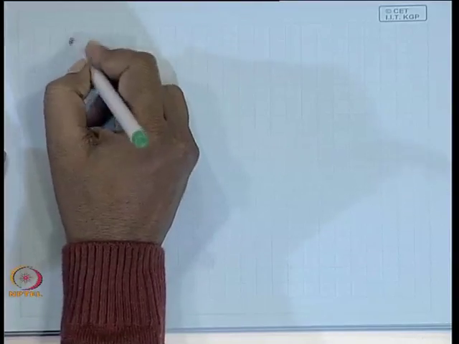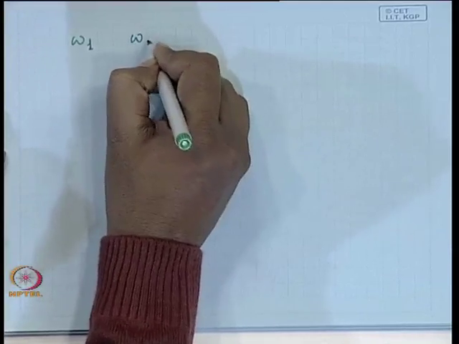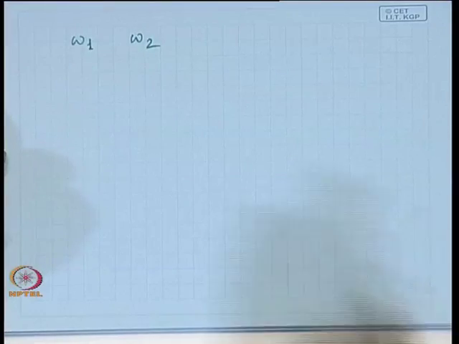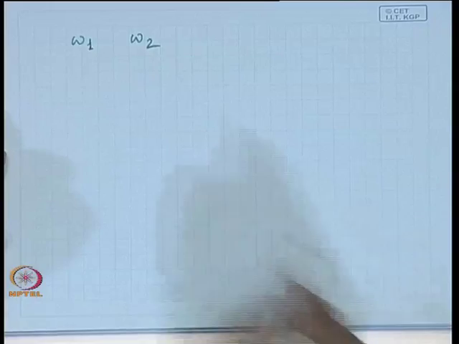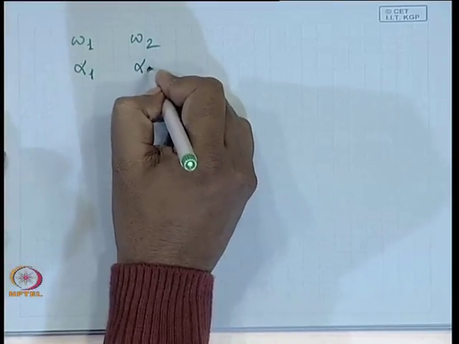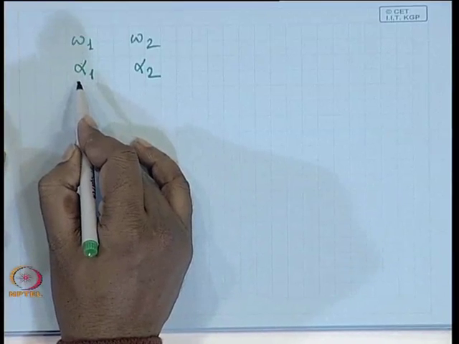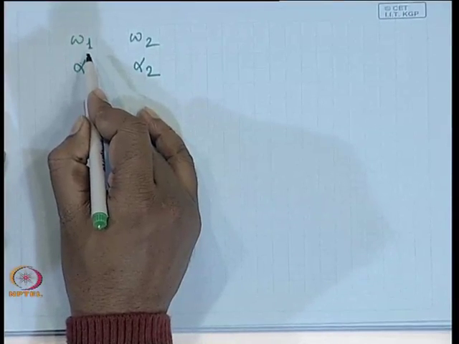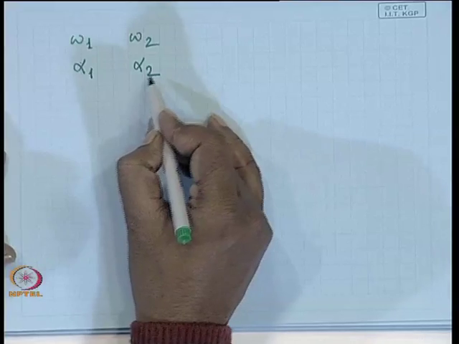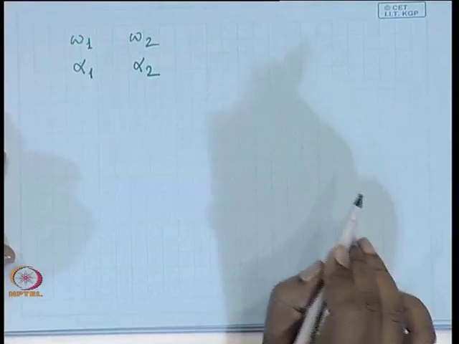So I have 2 states of nature, omega 1 and omega 2, and also the actions alpha 1 and alpha 2. Action alpha 1 means deciding that the object belongs to class omega 1, and action alpha 2 means deciding that the object belongs to class omega 2.